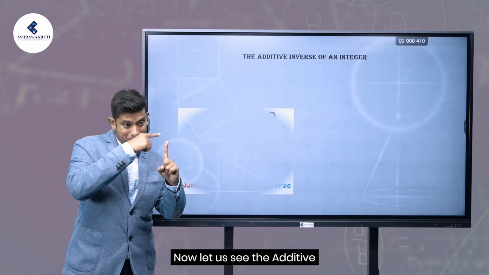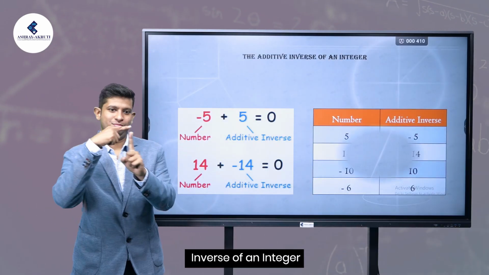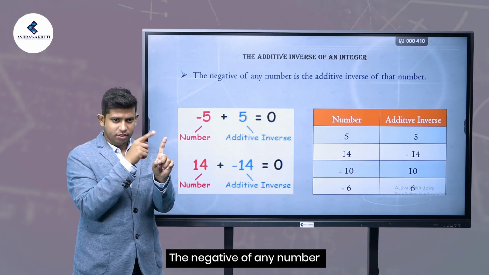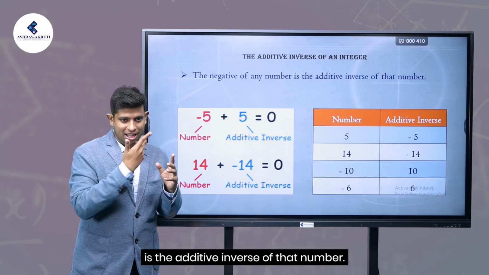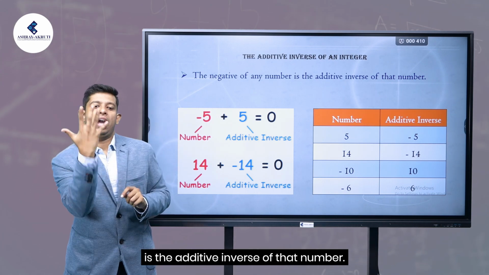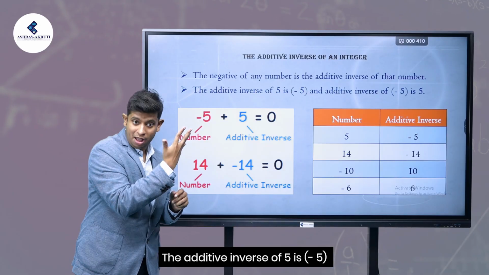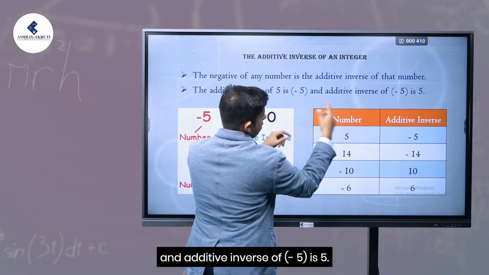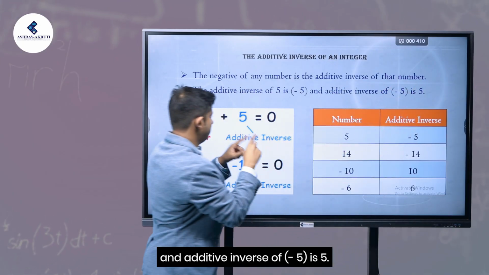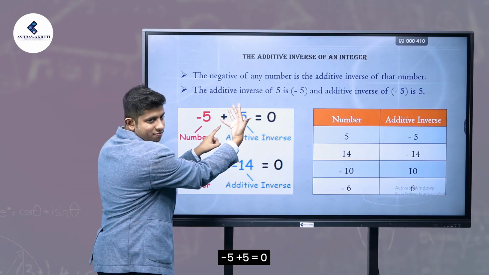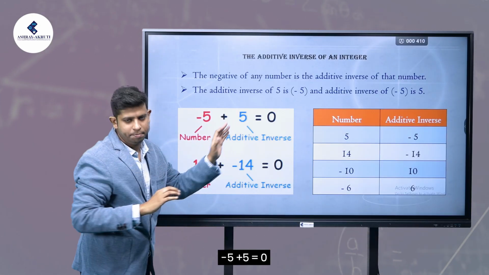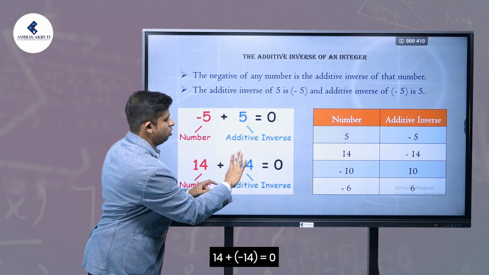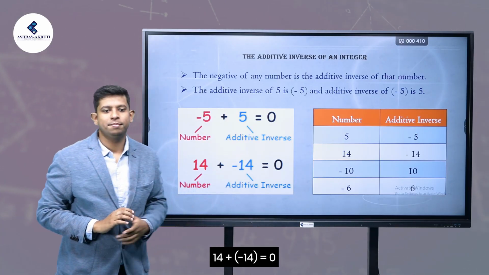Now let us see the additive inverse of an integer. The negative of any number is the additive inverse of that number. The additive inverse of 5 is -5 and the additive inverse of -5 is 5. -5 plus 5 is equal to 0. 14 plus -14 is equal to 0.